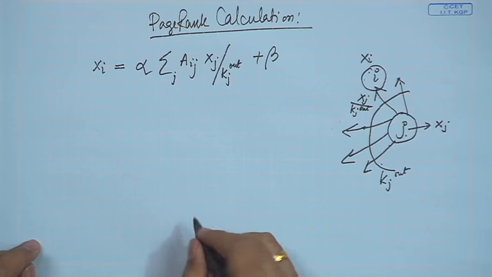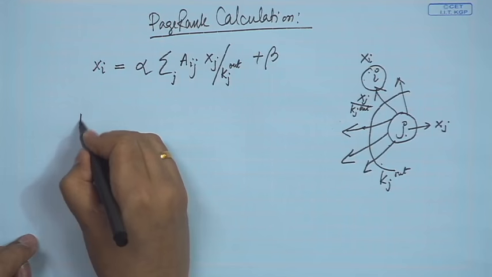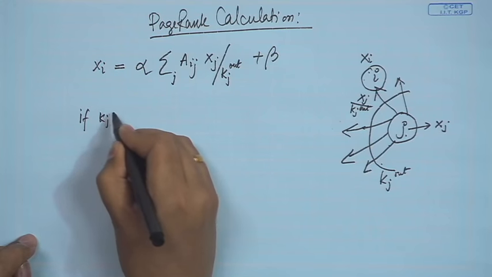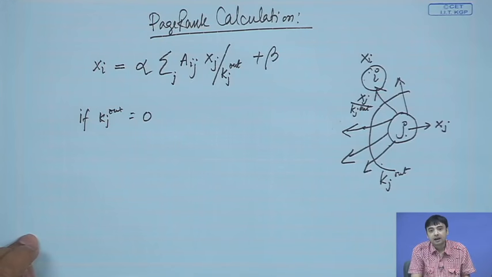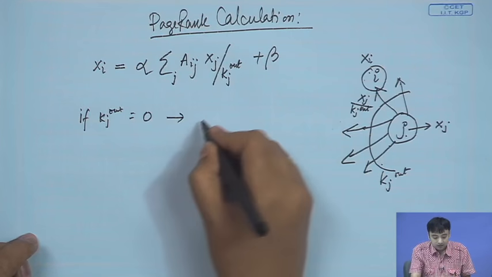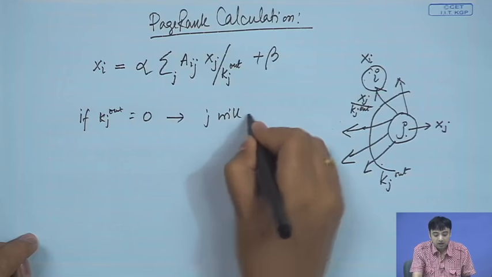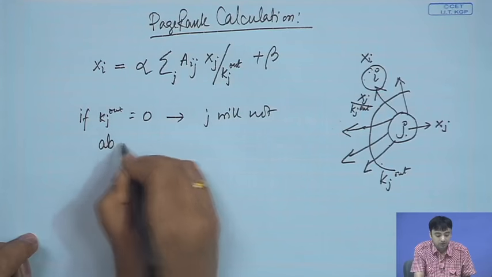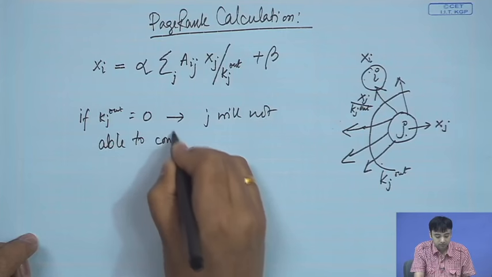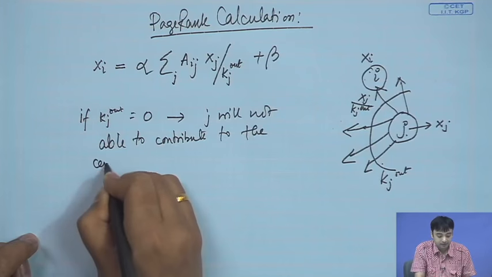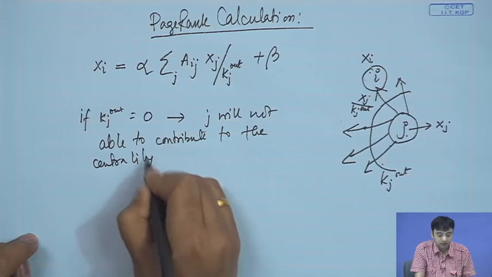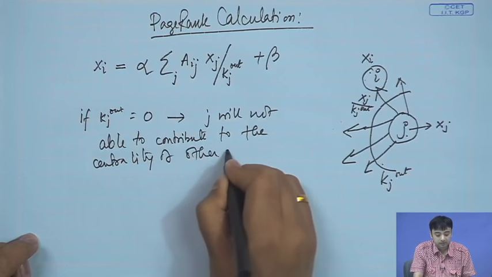Now, one problem that immediately comes up is that if kj out is 0, that is the out degree of j is 0, that means j will not be able to contribute to the centrality of other nodes. Okay.